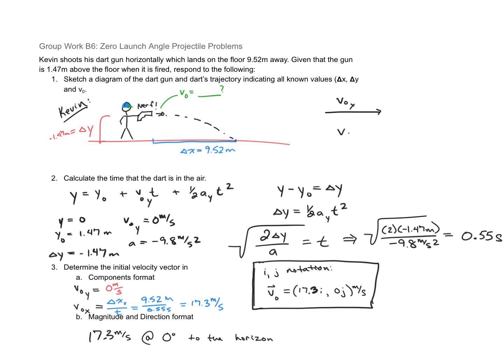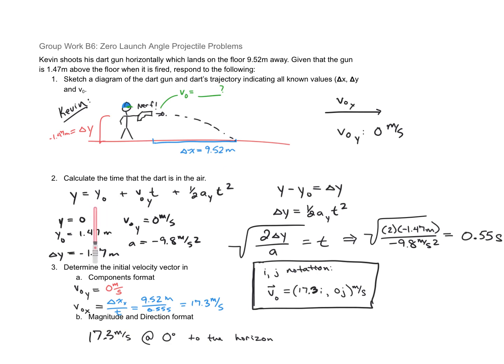The velocity in the y is 0. It's not falling. It's at the very peak of a parabola. So the initial velocity in the y direction is just 0. The words don't tell you that, but the situation does indicate that this is 0.